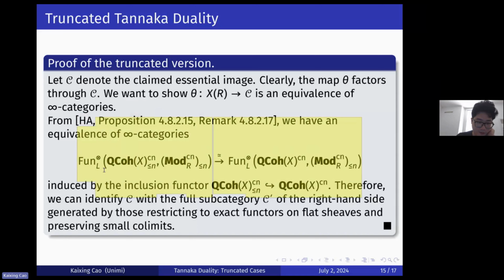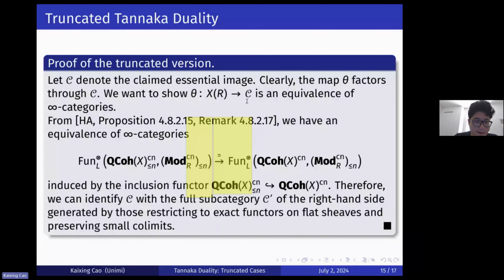Here, L means that we require the symmetric monoidal functors between them to preserve the small colimits. And this equivalence is just induced by the including functor from the untruncated to the quasi-coherent sheaves on X connected. But the arrow should be the opposite. It's a restriction.